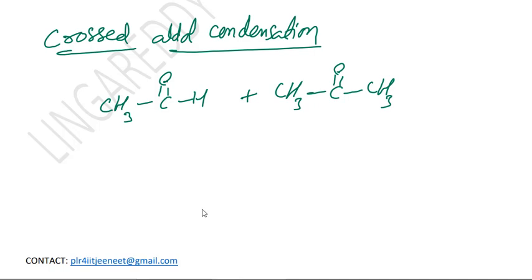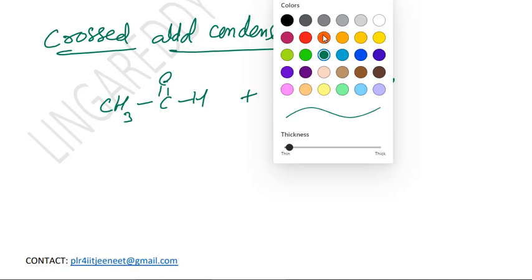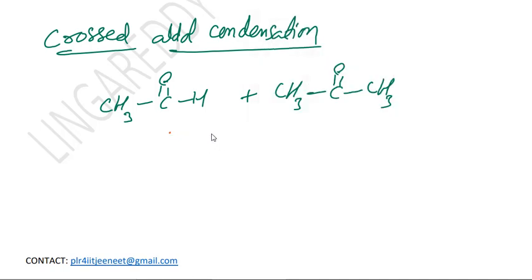In that case, what are the products? So I am writing the final products. See here, we are taking 2 moles, it is the aldehyde, it is the ketone. So aldehyde may react with aldehyde, aldehyde may react with ketone, ketone may react with ketone, and ketone may react with aldehyde. So a total of 4 types of products are there.